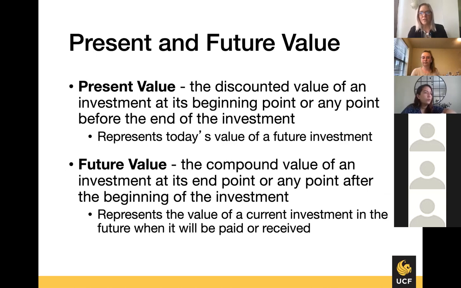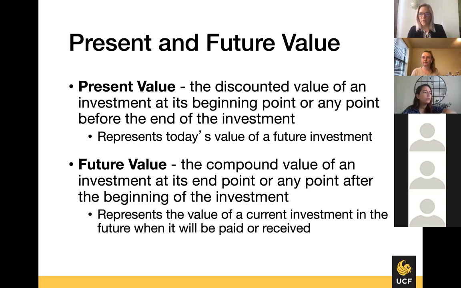So as I mentioned, the processes of compounding and discounting are very important for determining present and future value. Present value is simply the discounted value of an investment at its beginning point or any point beyond the end of the investment. So present value is always today. It's always going to be time period 0 because it's happening right now today. So the present value will always represent today's value of a future investment.